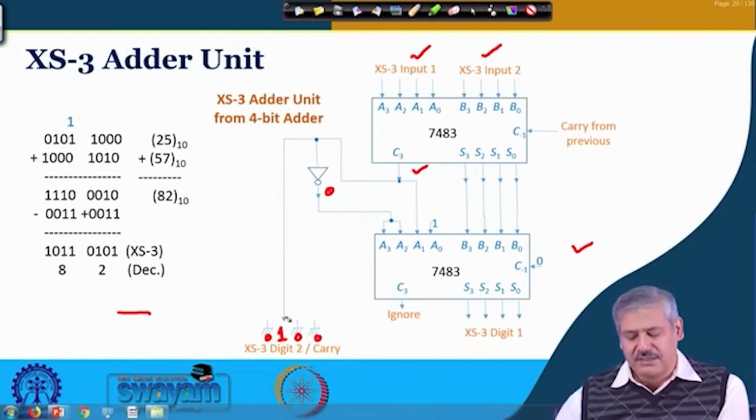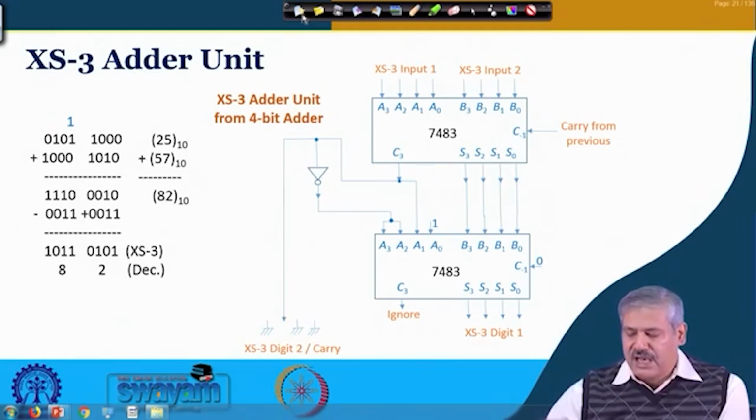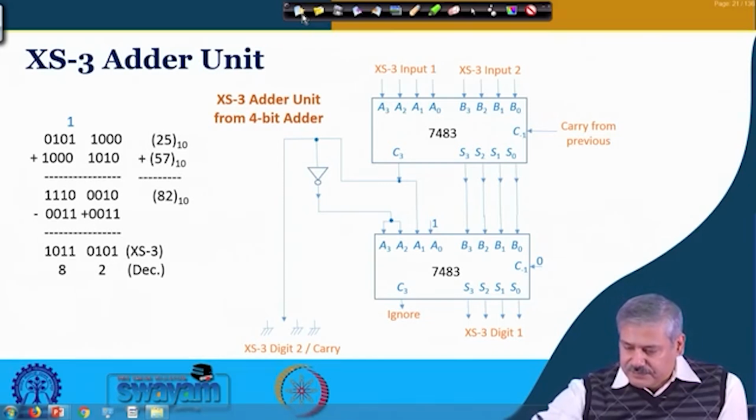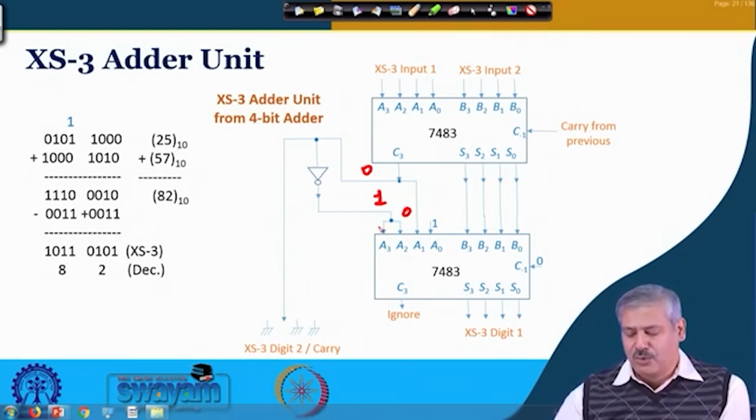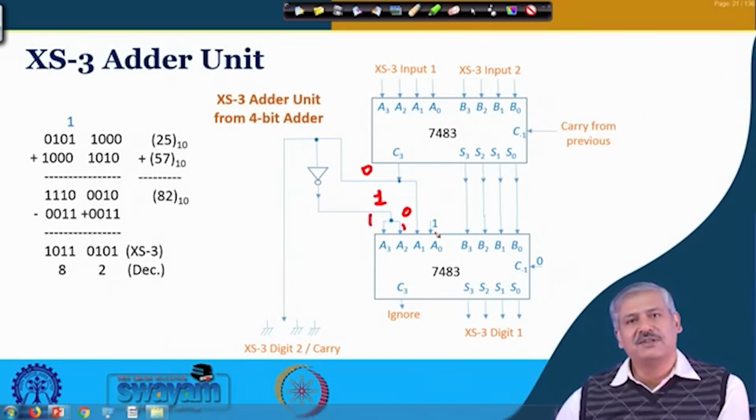If carry is not generated, this is 0, okay. And if no carry is generated, then what happens? So, this will be 0, so this will be 1, and this one is permanently connected, and then this is 0, right. So, 1 1 0 1. So, what is this? It is the 2's complement.